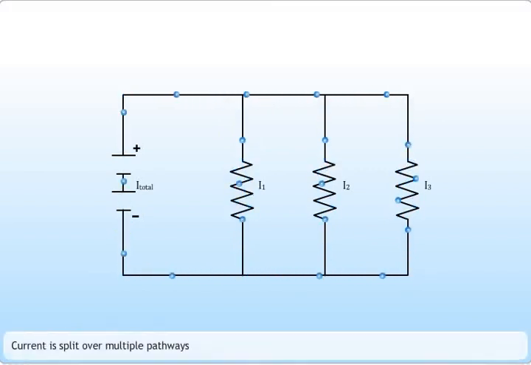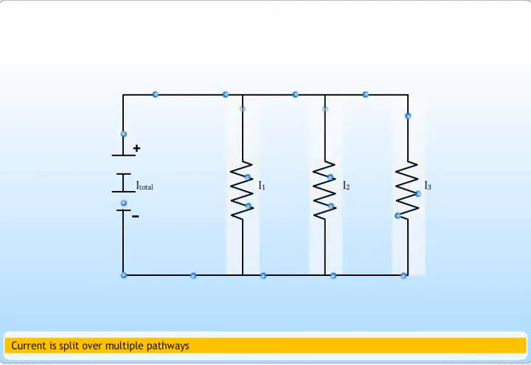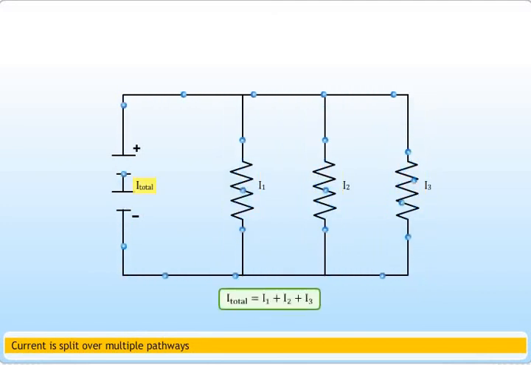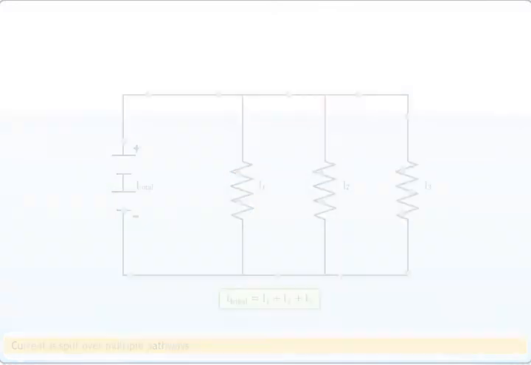However, it is split over multiple pathways. This principle can be represented as I total is equal to I1 plus I2 plus I3, where I total is the total amount of current outside the branches and in the battery, and I1, I2 and I3 represent the current in the individual branches in the circuit.